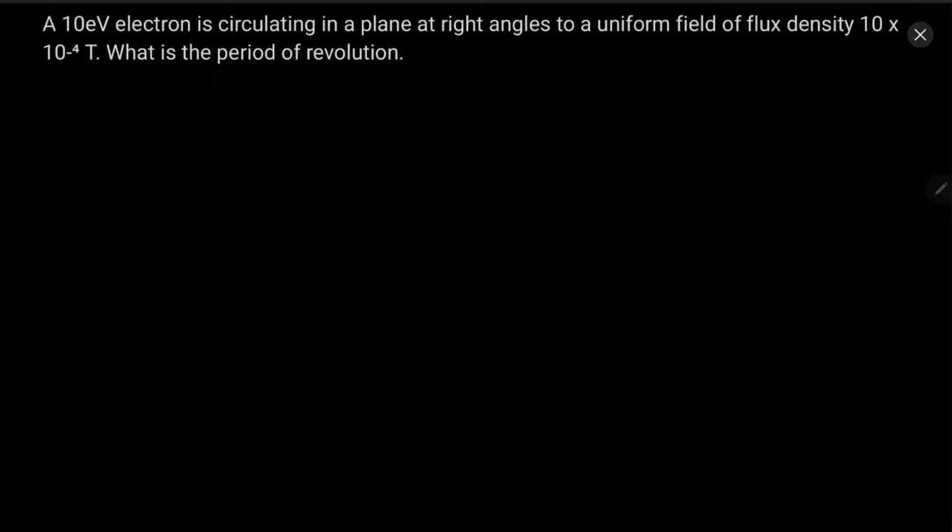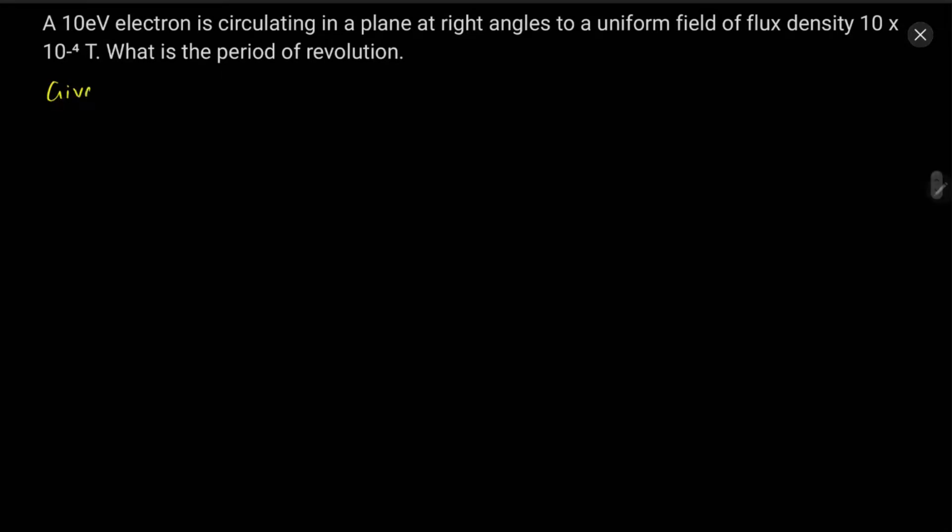These are the required answers. Now here is another question. A 10 electron volt electron is circulating in a plane at right angle to a uniform field of flux density 10 into 10 power minus 4 Tesla. What is the period of revolution?